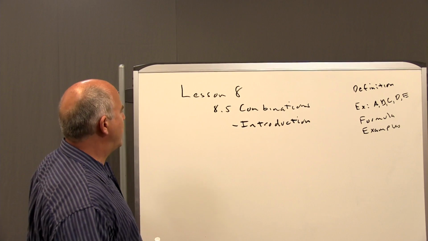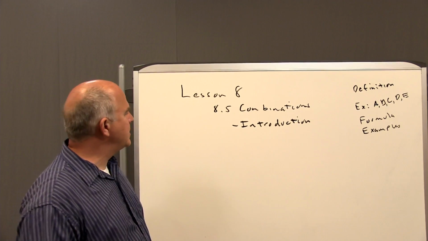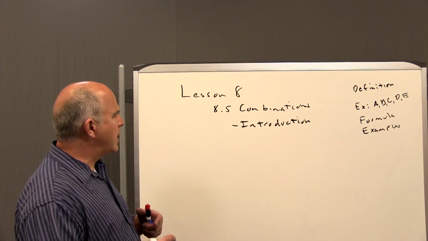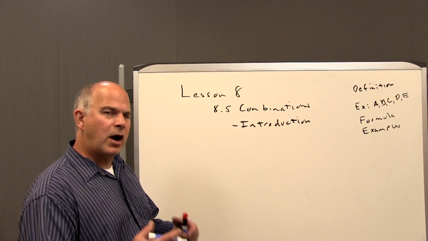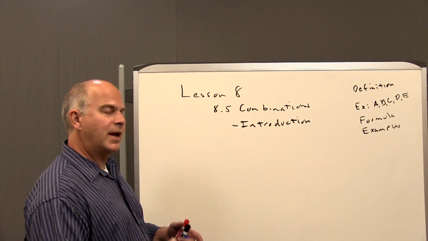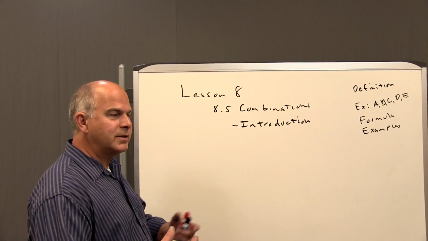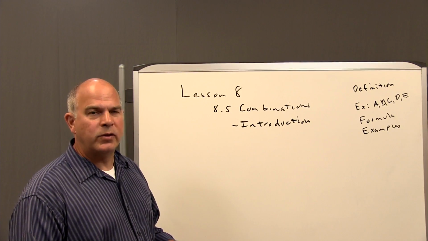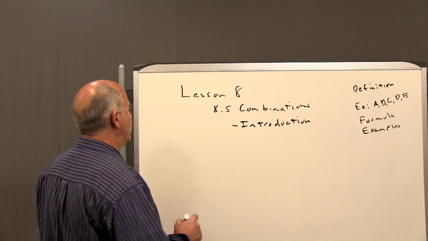So we talked about permutations in lesson 7, right? That was the number of ways to select R things from a set of N things and order them. Combinations is the same concept with order removed, right?